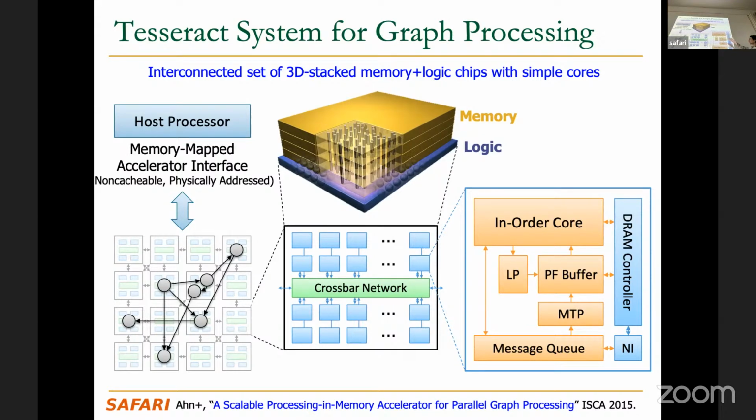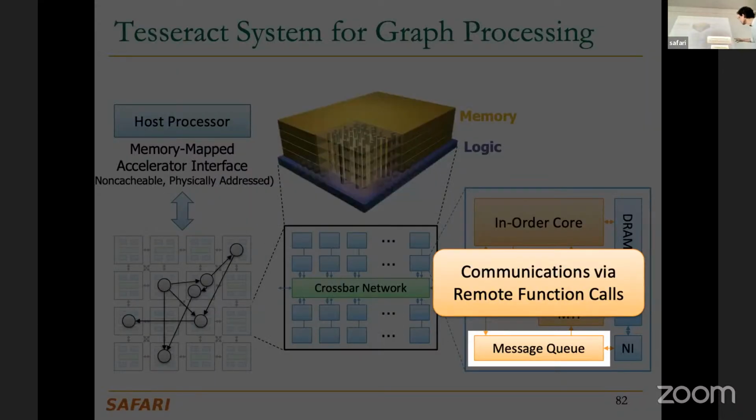The Tesseract system also proposes, for each of the in-order cores, a few more components, like, for example, prefetchers to bring data early in advance from other parts of the same memory, or even from other memories, or other memory cubes in the same accelerator. And it also has the ability to offload computation using remote function calls to other cores in the system.